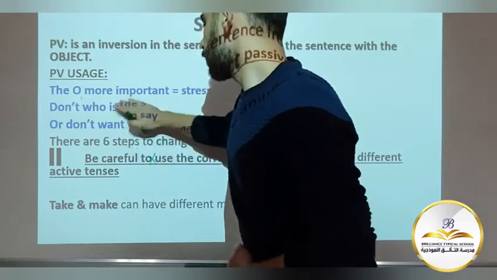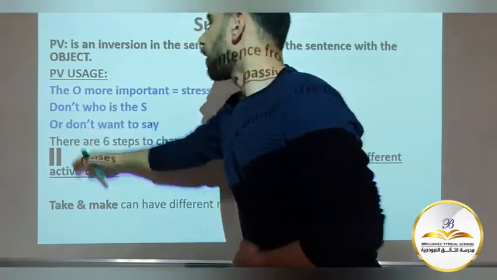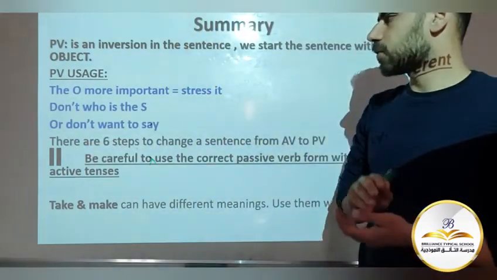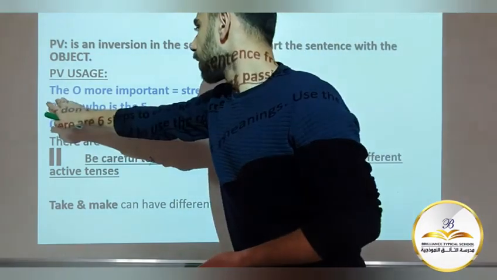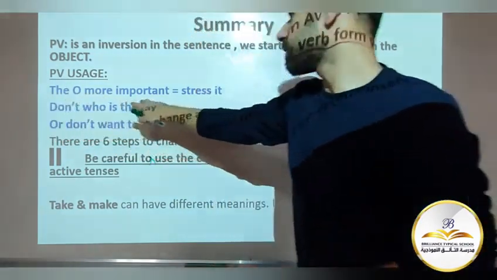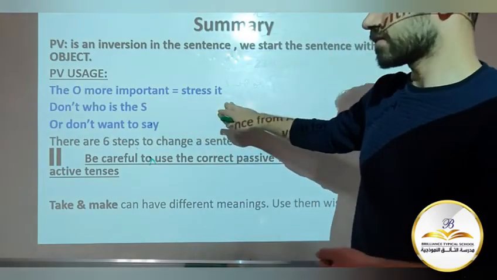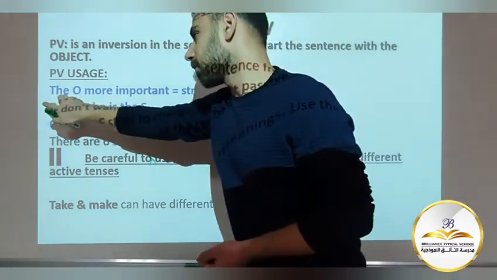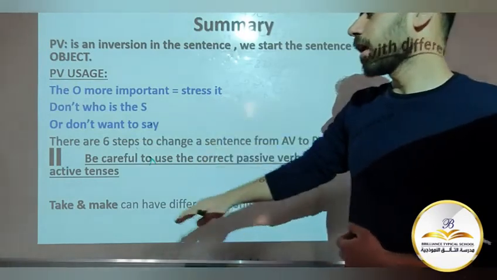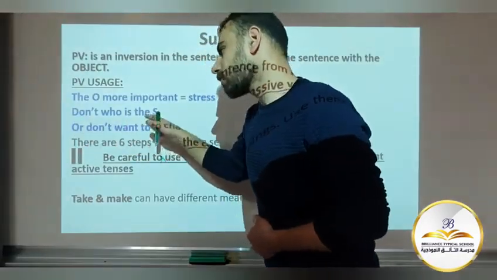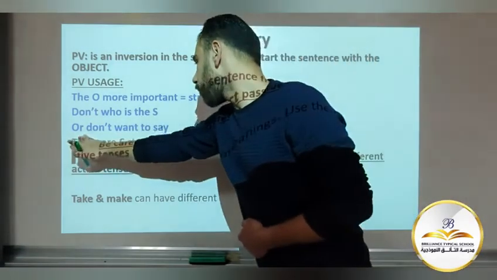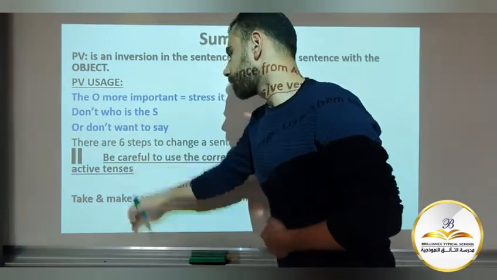And remember, when do we use the passive voice? When the object is more important, so we stress it. And we don't know who is the subject, or we don't want to say who is the subject.